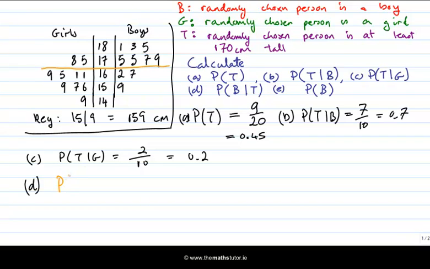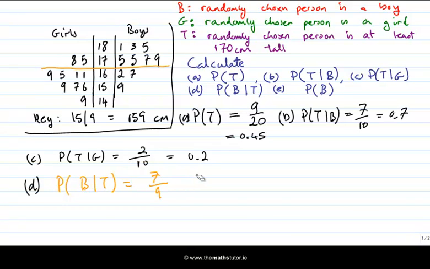So now we look at the part above the line here, and how many of those are boys? Well, 1, 2, 3, 4, 5, 6, 7. And how many in total are above the line? Well, you can count them and you see that there are 9 data points above the line, so 7 over 9.